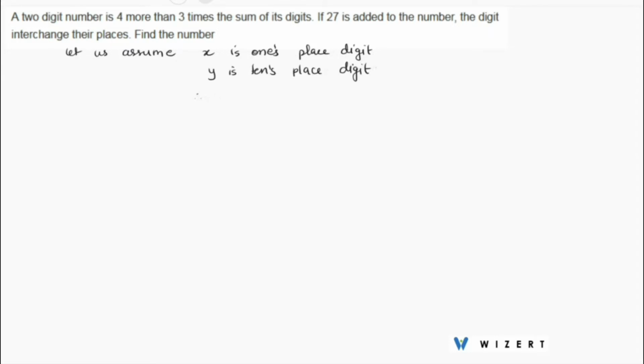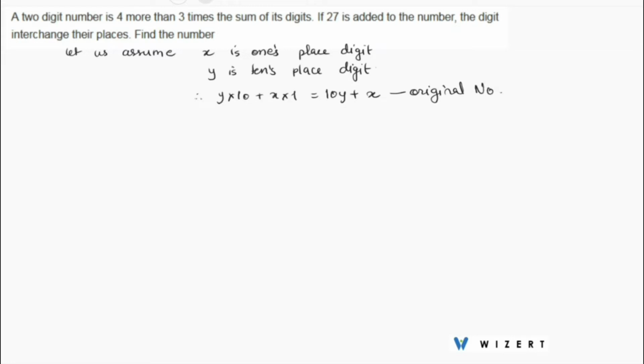Therefore, the number becomes: any number can be written as that digit multiplied by its place value, added to the next digit multiplied by its place value. So this y is the tens place. So y multiplied by 10 plus x multiplied by 1 gives 10y plus x. So this is the original number.